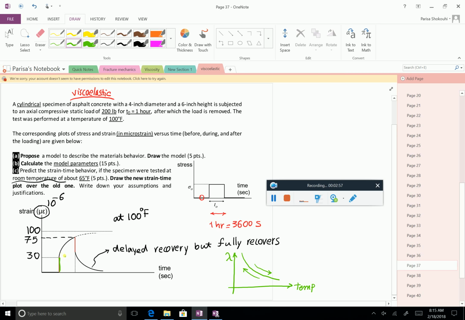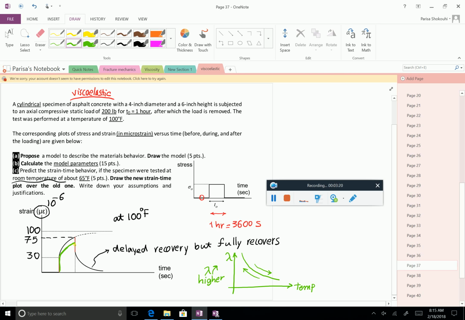If we lower the temperature, the viscous deformation would be less because you have higher viscosity.